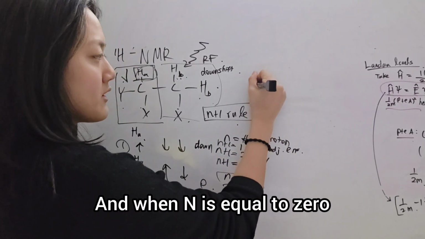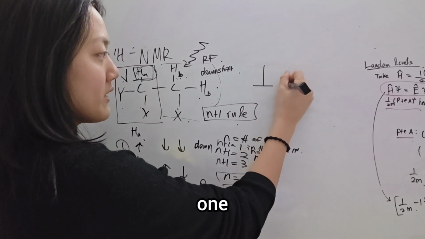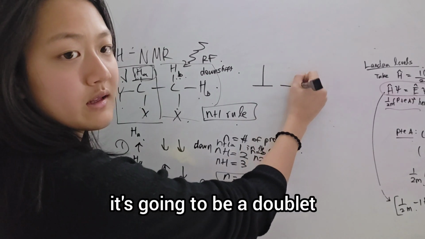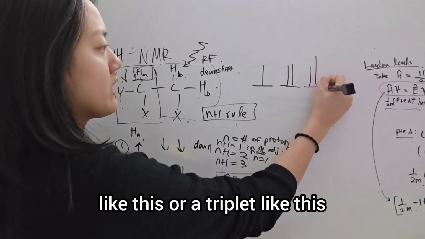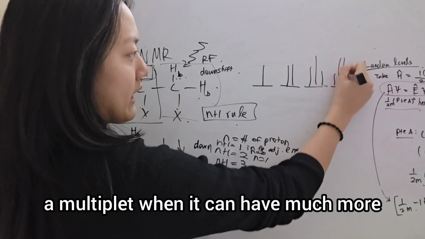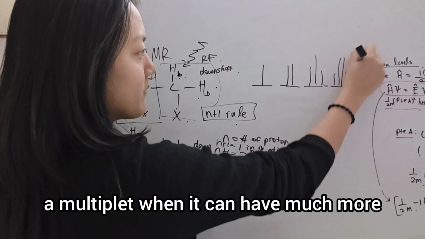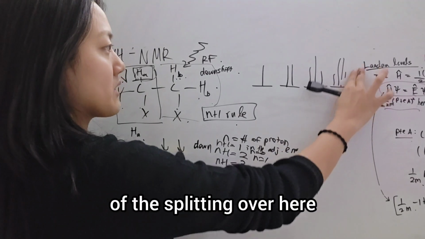And when n is equal to 0, it's a singlet. When n is equal to 1, it's going to be a doublet, like this, or a triplet like this, and onwards until it gets to a multiplet, when it can have much more of the splitting over here.